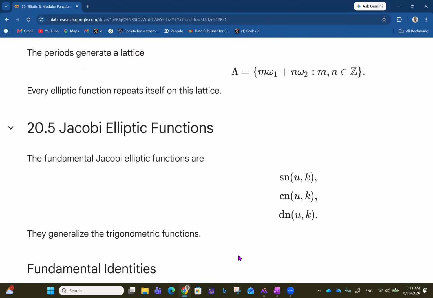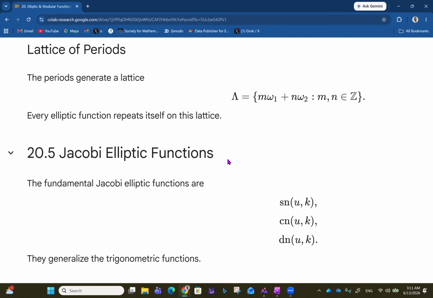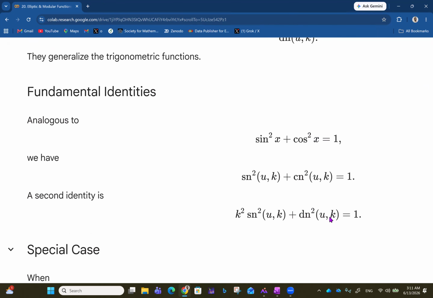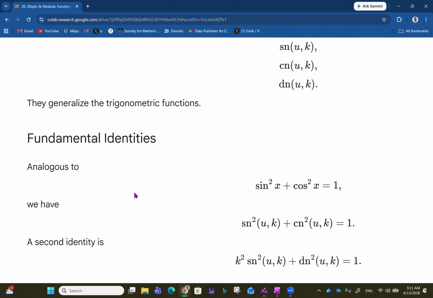Then we go to talk about Jacobi elliptic functions. The fundamental Jacobi elliptic functions are Sn(u, k), Cn(u, k), and Dn(u, k), and they generalize the trigonometric functions. Talking about fundamental identities now, it is analogous to sine squared x plus cos squared x equals 1.